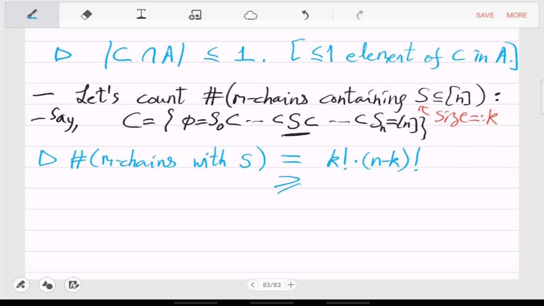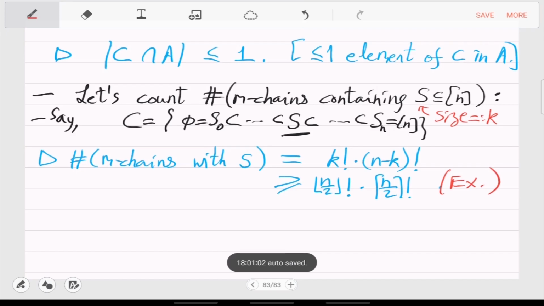So this is always at least floor of n by 2 factorial times ceiling of n by 2 factorial. Is that clear? This you can show easily. Okay, let me stop because this proof is long. Any questions you can ask?